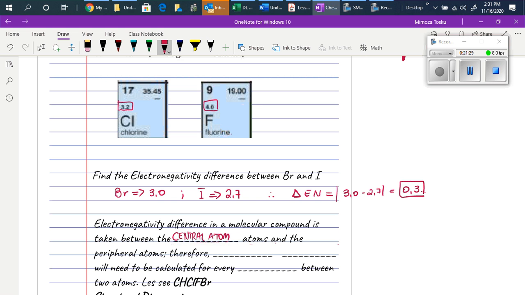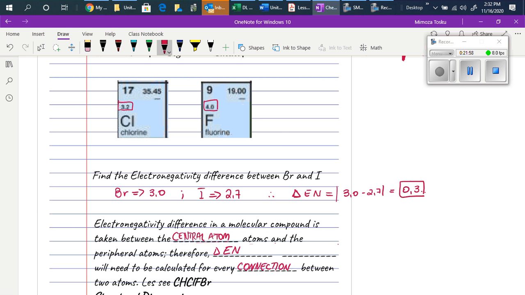Therefore, the EN difference will need to be calculated for every connection between the central atom and each peripheral atom.